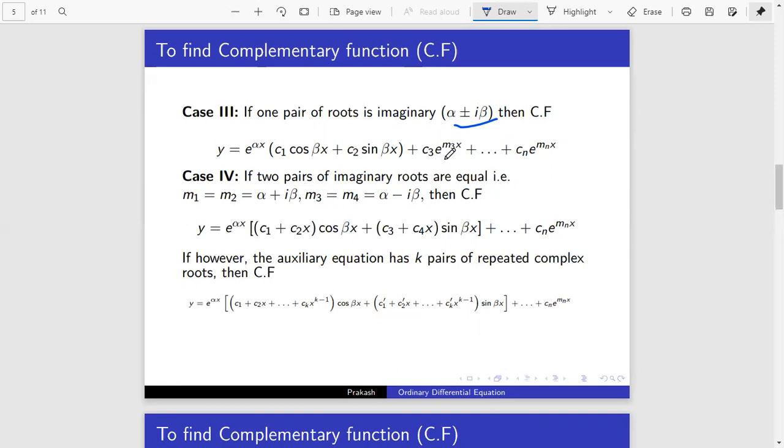Okay, plus this, after that in the above case it is the same. These roots are real and different, then we can write these terms.